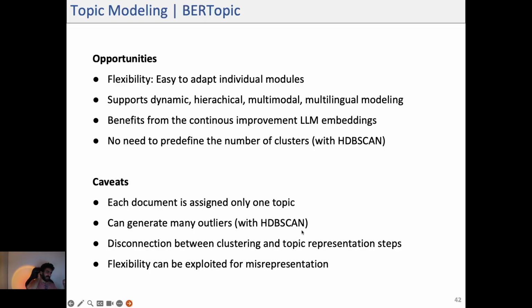Finally, while modularity is great, too much flexibility can be misused, like overfitting topics to expected labels or cherry-picking configurations for nice-looking results. So, as always, BERTopic gives you power and flexibility. With great power comes great responsibility, but it also requires thoughtful validation and transparency when applied to research or production.